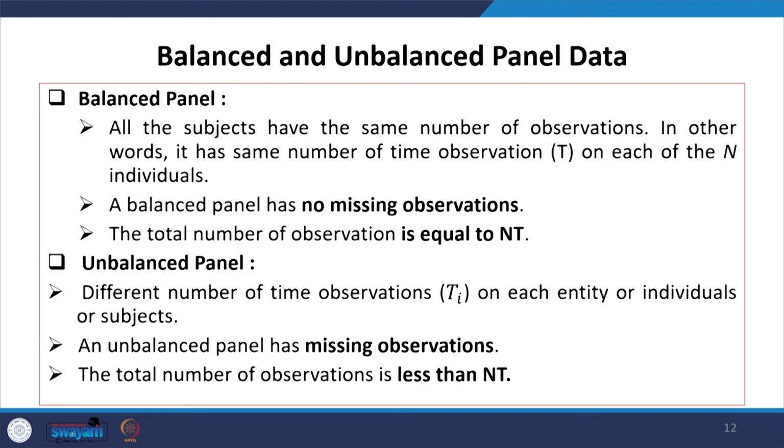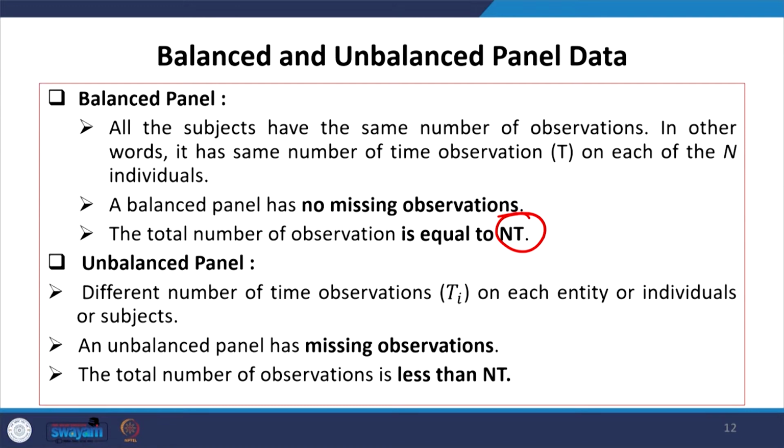So, n and t are perfect and there are no missing observations. The total number of observations in that case is equal to n times t, since no missing observations are reported.